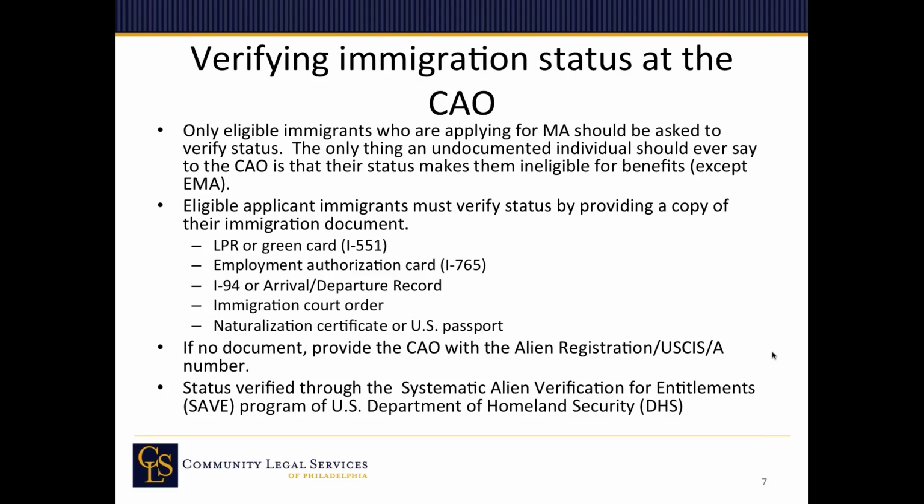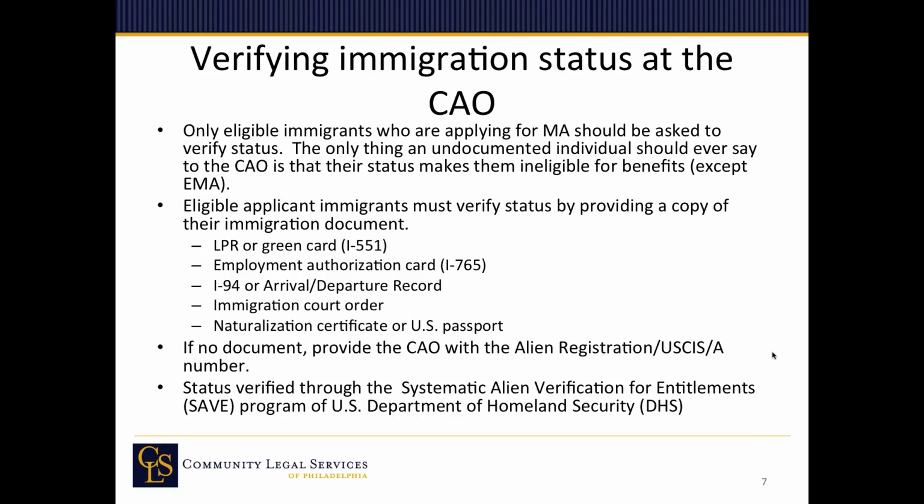the county assistance office should be able to use just somebody's alien registration number, which is also known as a USCIS number or an A number, to ask SAVE to verify the person's status. And SAVE is the Systematic Alien Verification for Entitlements program.